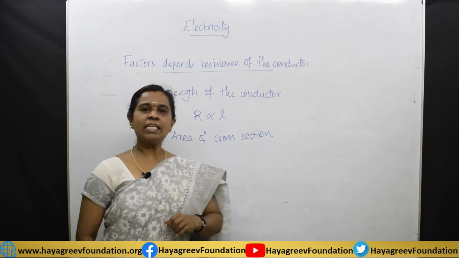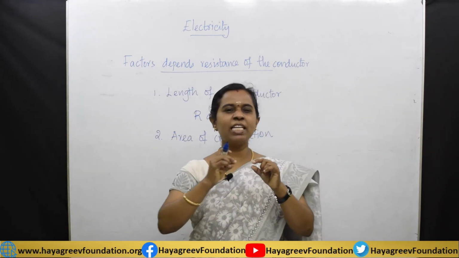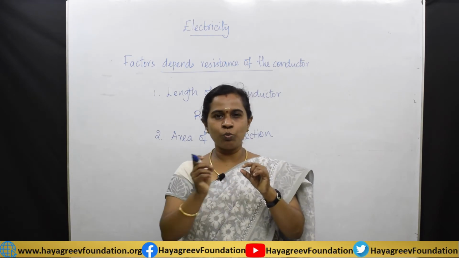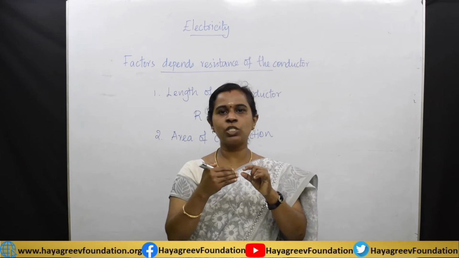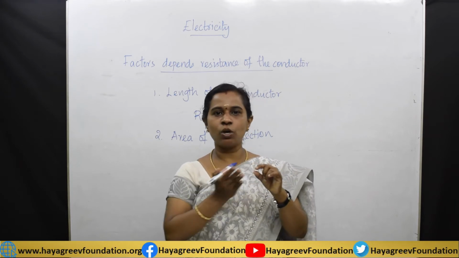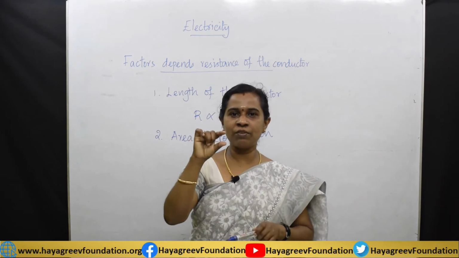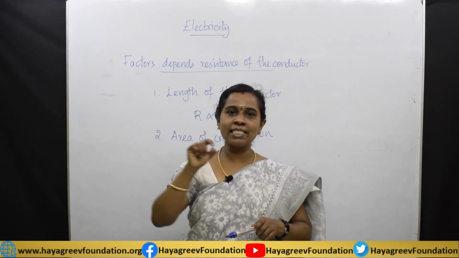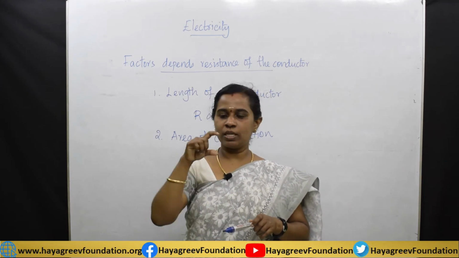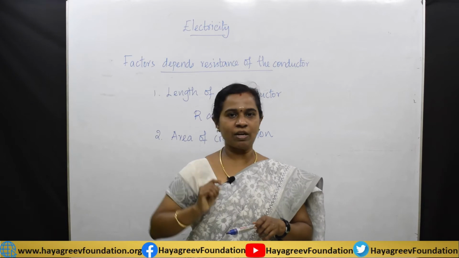Next factor, area of cross section. If the area is very thin, the charges have to move through a small area, so some opposition will be there. The charge cannot pass easily through thin wires. But if we take thick wires, the area of cross section will be more, so charge carriers can move easily. So when the area of cross section is more, the resistance of the conductor will be less.